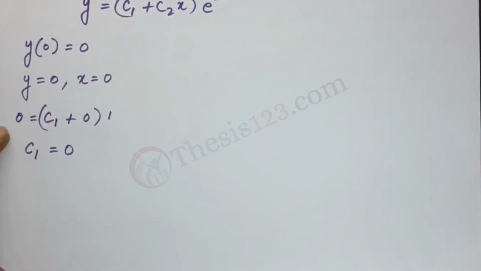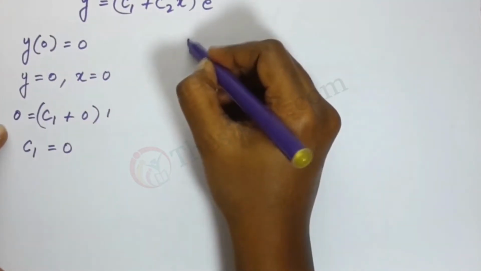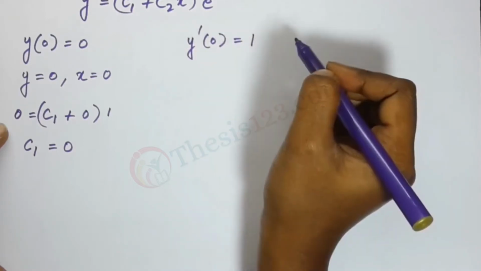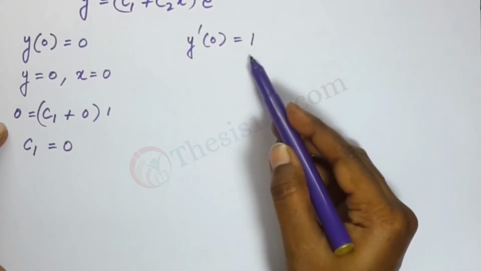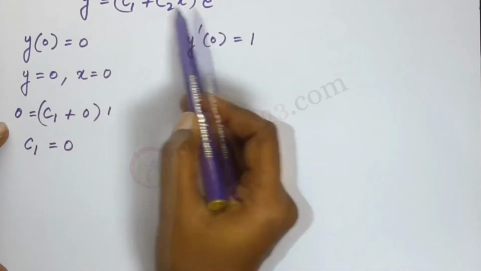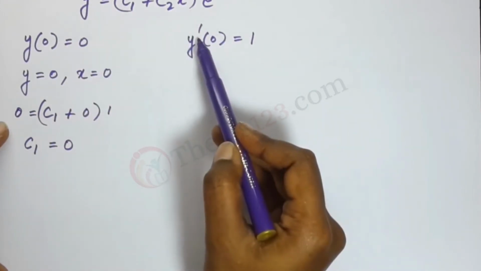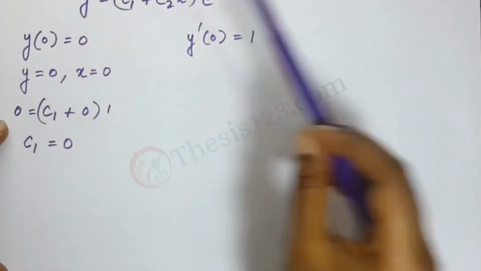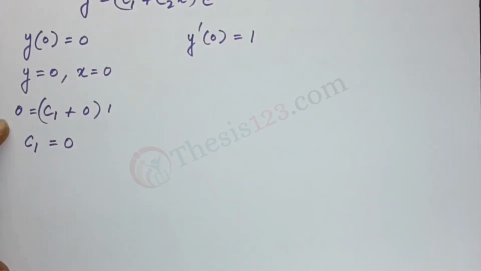Now let's use the second initial condition. The second initial condition is y dash of 0 is equal to 1. We need to find out what the first derivative is, so let's differentiate the equation.